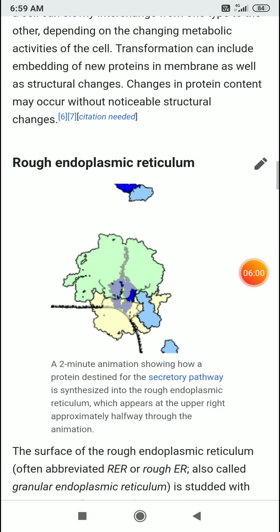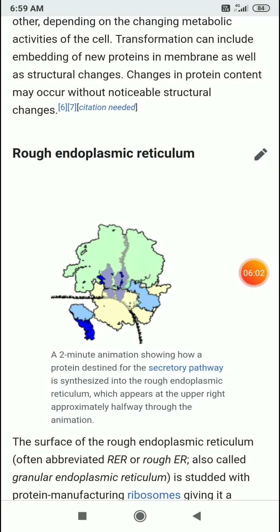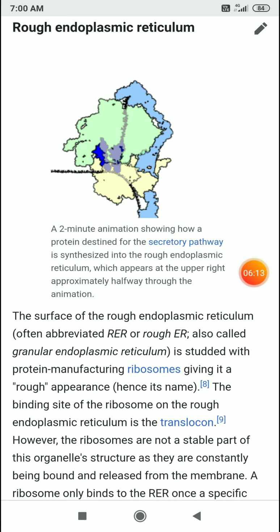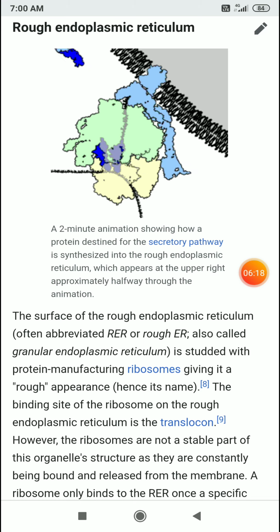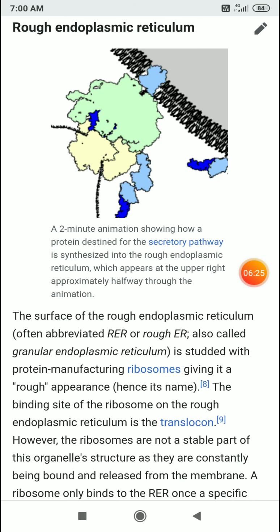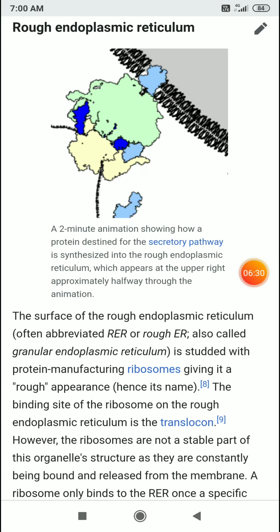Now we are going to see the rough endoplasmic reticulum. The rough endoplasmic reticulum, also called granular endoplasmic reticulum, is studded with protein-manufacturing ribosomes, which give it a rough appearance.